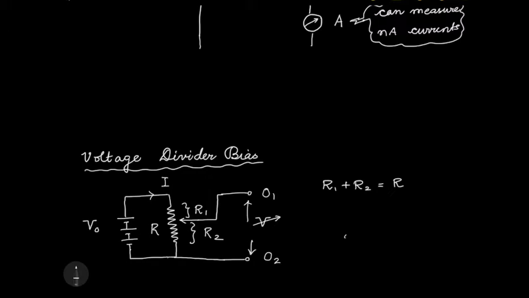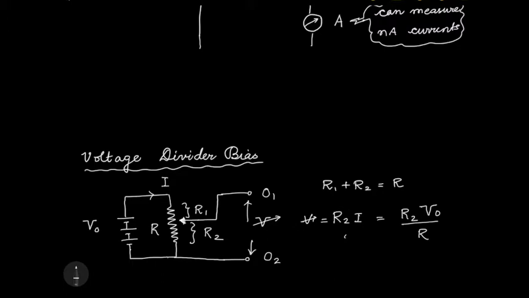So that will be R2 times I. So the varying V will be R2 times I. R2 I can change by changing the position of this needle. And R2 times I is V0 times R2 by the total resistance R. Because this resistance divides the voltage into two parts, it's called a voltage divider bias.